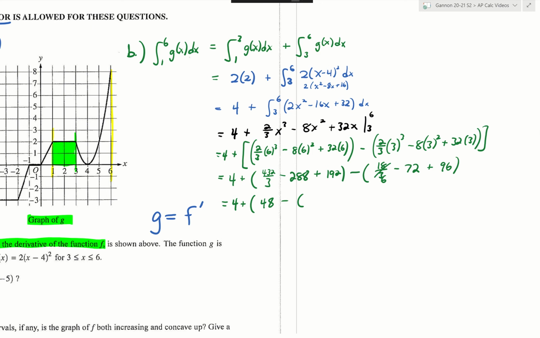Let's see. Well, let's just do this. This is 102, and 102 minus 72 is 30. All right, I don't know why I put parentheses there, but you got 48 minus 30, so you got 4 plus 18. Let's see.